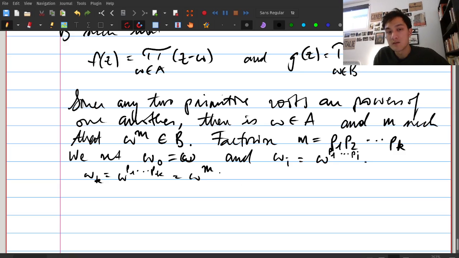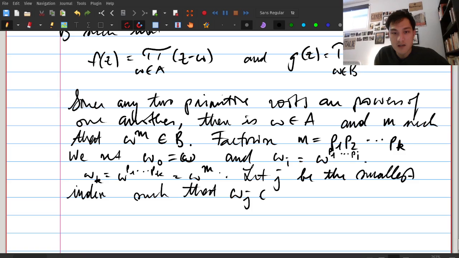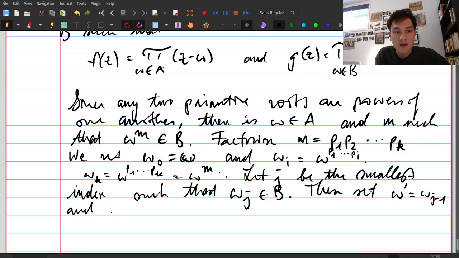Omega 0 is just omega, which is in A, and omega sub k is omega to the m, which is in B. So let j be the smallest index such that omega j is in B. That has to be the smallest one because omega 0 is in A and omega k is in B, so that has to be the first time that you get into B. Then set omega prime to be omega j minus 1 and p to be pj.